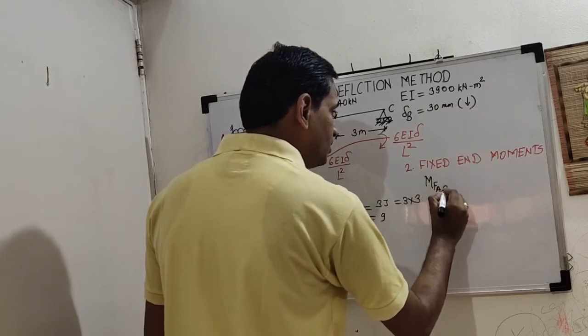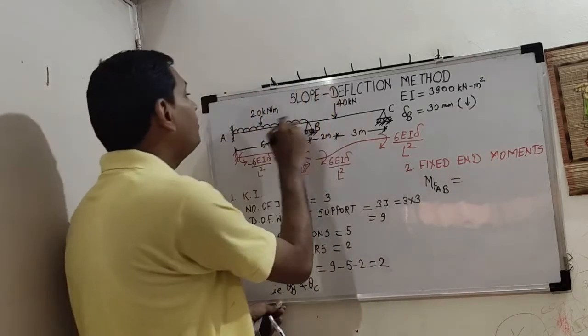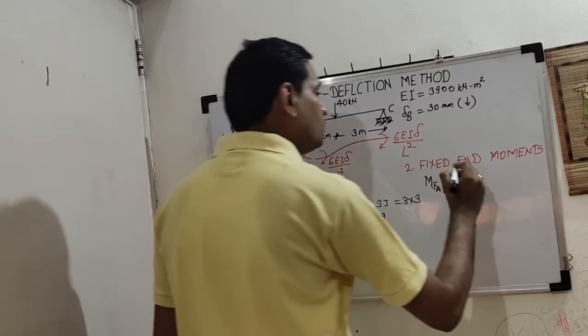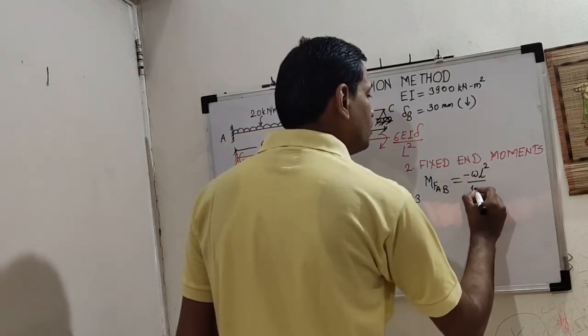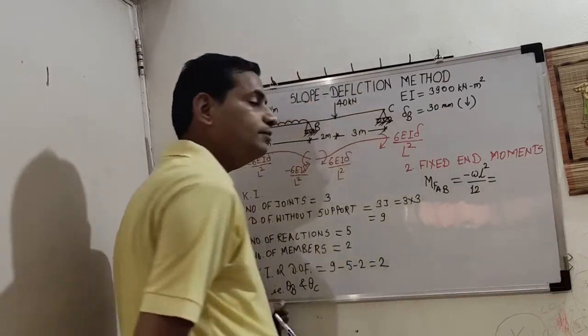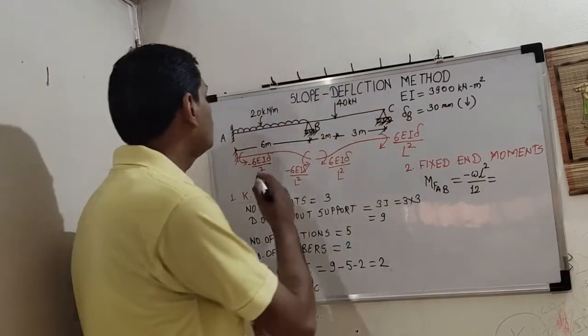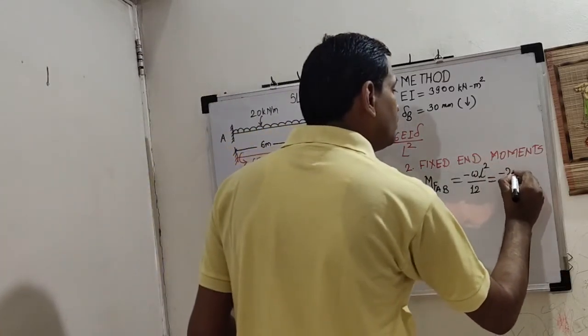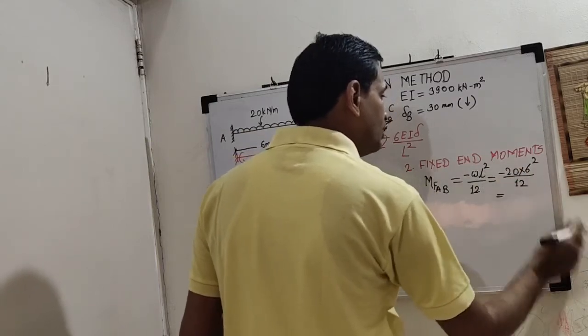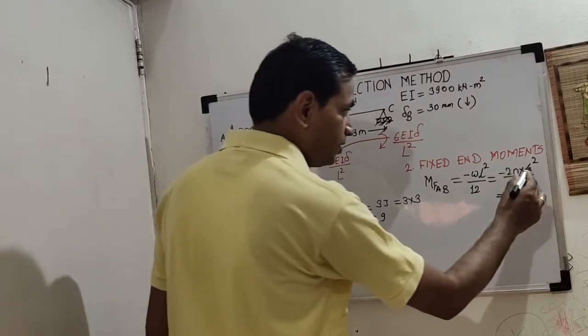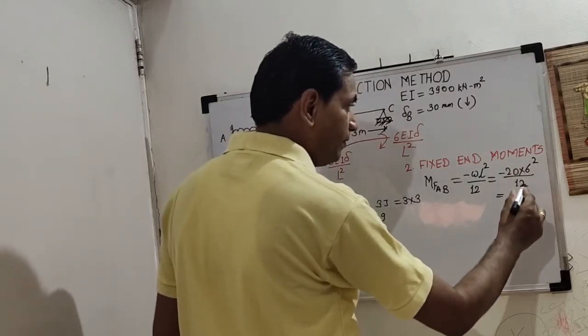This beam AB is subjected to complete UDL. So minus WL square by 12 is the standard equation for finding out fixed end moment. So minus 20 into 6 square upon 12. Okay, so this is how much? 6 square is 36 upon 12.